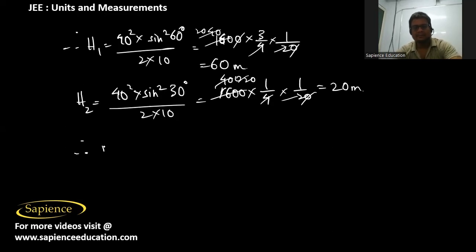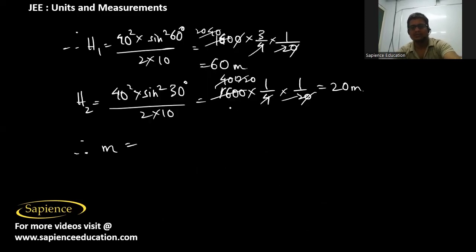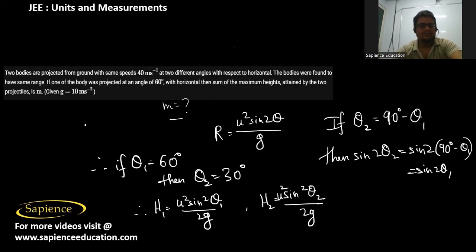So therefore m, which is the sum of the maximum heights attained by the two projectiles, will be equal to h1 plus h2, that is 60 plus 20 meter, that is equal to 80 meter. So it means 80 meter is the sum of the maximum heights attained by the two projectiles.